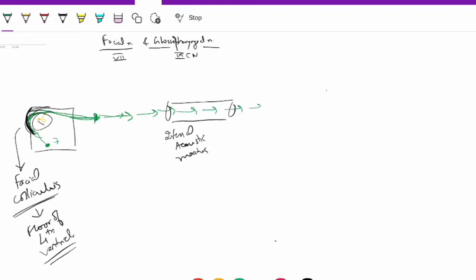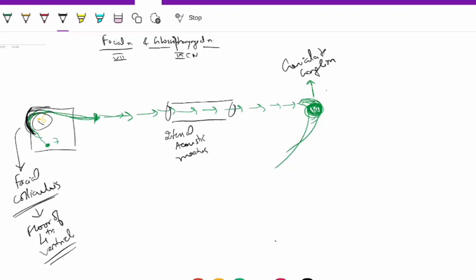It comes out of it and then it takes a very sharp turn like this. And while taking the turn, it forms a ganglion known as the geniculate ganglion.